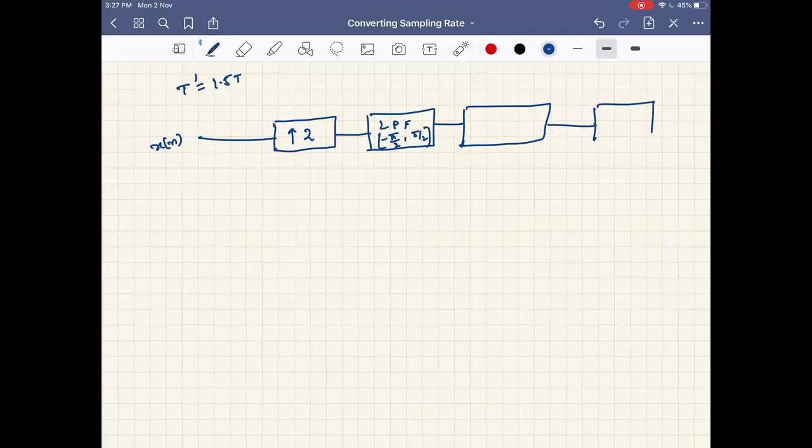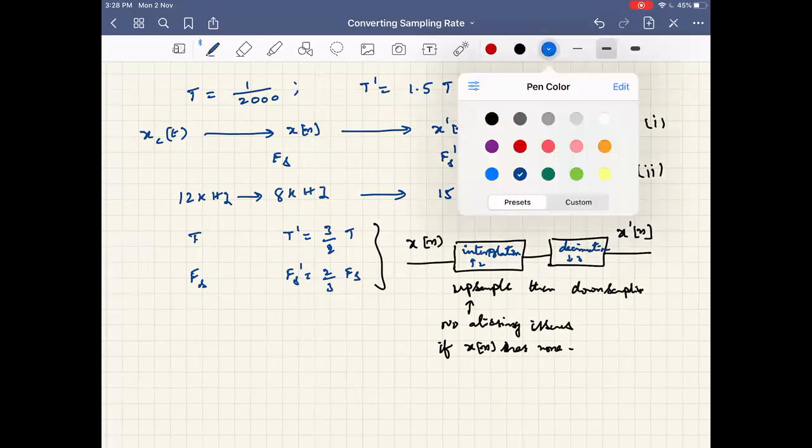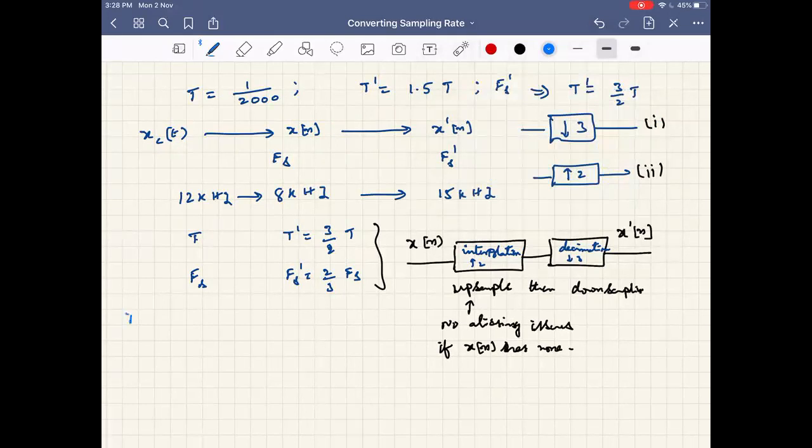See, decimation also has 2 steps: an anti-aliasing filter from minus pi by 3 to pi by 3, and then downsampling. This is how we get x dash of n. Please note interpolation alone, so let me write it explicitly.